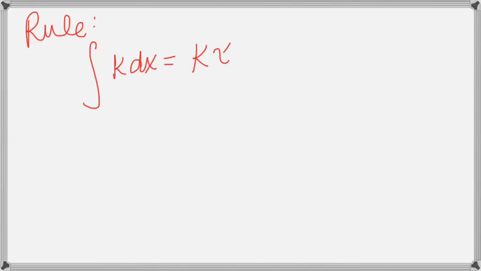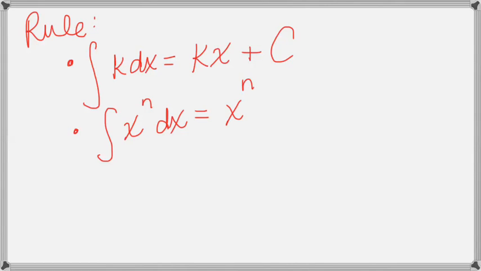All right, so let's get our quick rules of thumb. When you're taking the antiderivative of a constant, let's say a constant k, we're just going to do k, whatever that constant is, times x, plus our constant c. If we're taking the antiderivative of any type of x to the n, we are adding 1 to the exponent, that's n plus 1, and then we're dividing by that new exponent, again with our plus c.